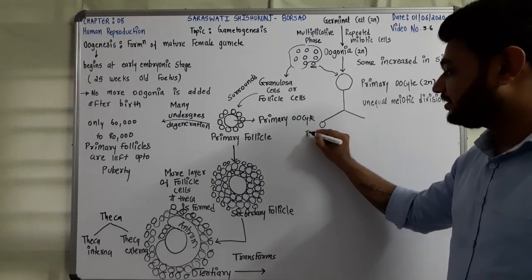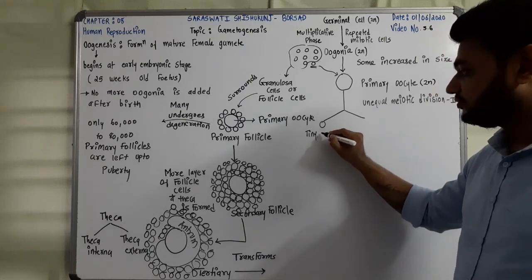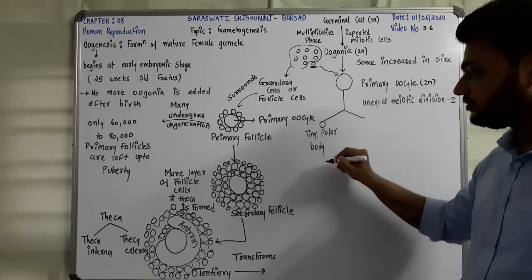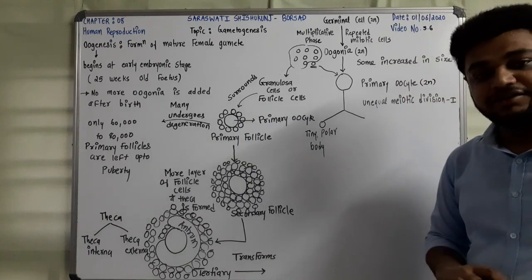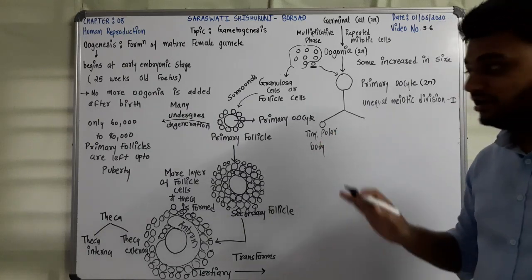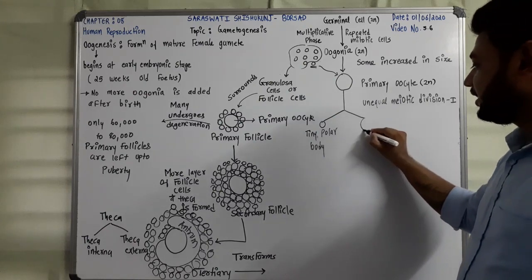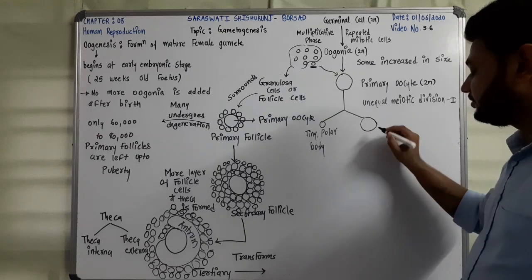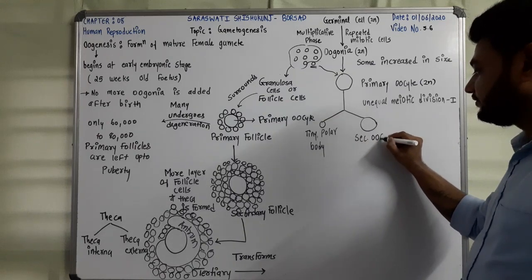So this is the tiny polar body, and we still do not know the fate of this tiny polar body. It is uncertain, so we will not discuss it, as it has been noted in the NCERT, right? And one large cell, which retains the bulk of the cytoplasm and nucleus, is the secondary oocyte.